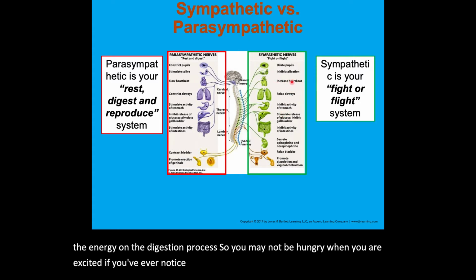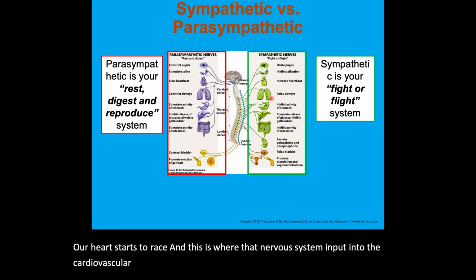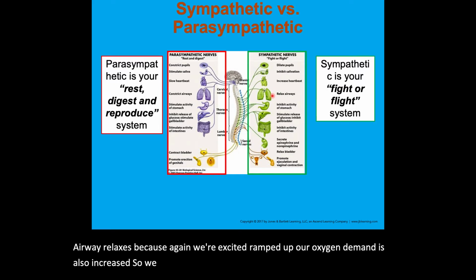Our heart rate increases, so our heart starts to race, and this is where that nervous system input into the cardiovascular system occurs. Airway relaxes because, again, we're excited, ramped up. Our oxygen demand is also increased. So we want to open up more areas of the lungs to accommodate that higher demand of oxygen.